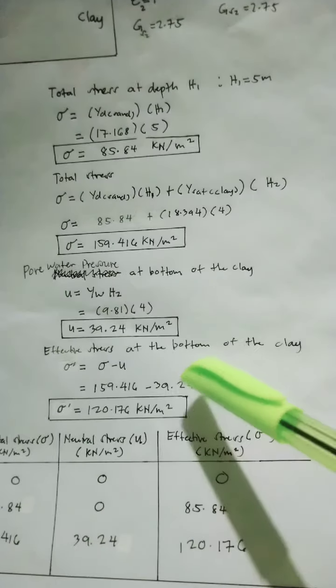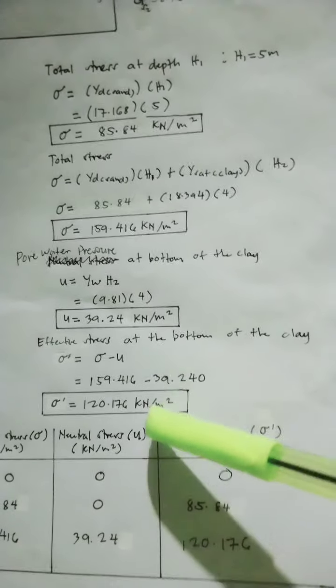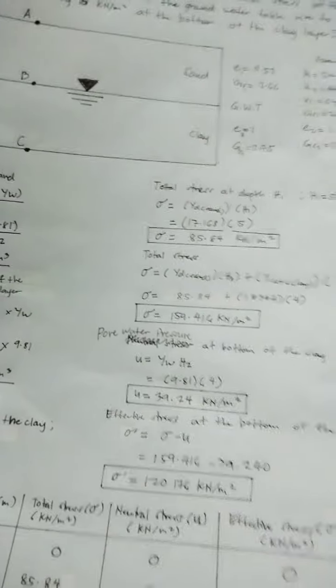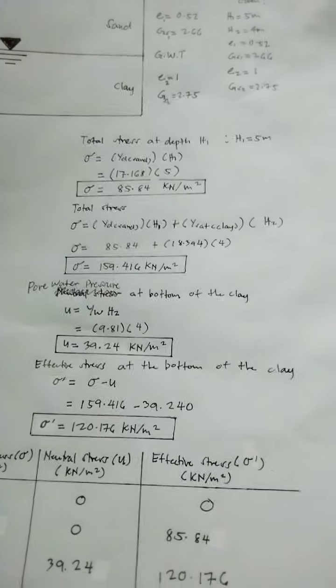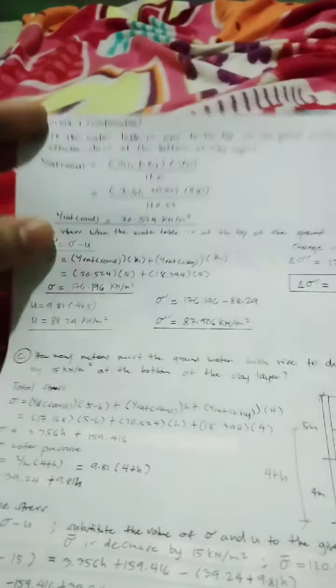So the effective stress at the bottom of the clay is equal to 120.176 kilonewton per meter squared. So we are done with question letter A. Then let's proceed to letter B.